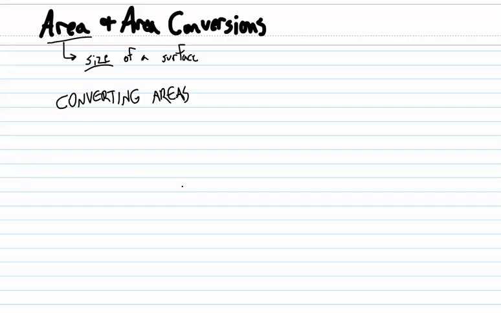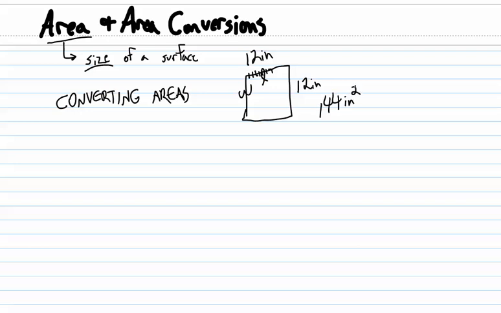Let's talk about that for just a moment. We have 1 square foot, kind of like the tiles in my classroom. They are 12 inches on each side. So if each of these dimensions is 12 inches, and one we call the length, the other the width, 12 times 12 is 144 square inches. So that means that 144 square inches equals 1 square foot.